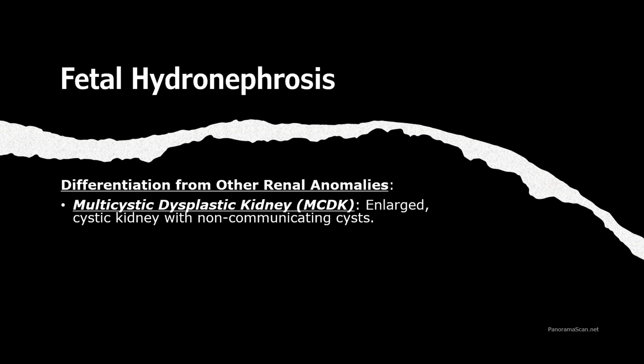In multicystic dysplastic kidney disease, the cysts do not communicate with each other or with the renal pelvis. This lack of communication is a key feature that helps distinguish MCDK from hydronephrosis.